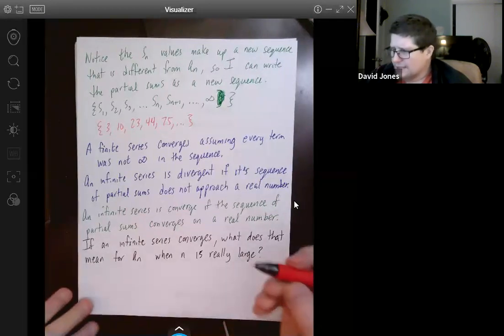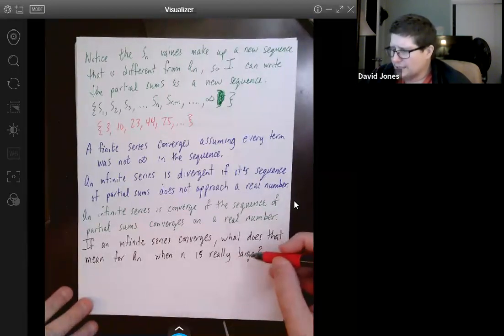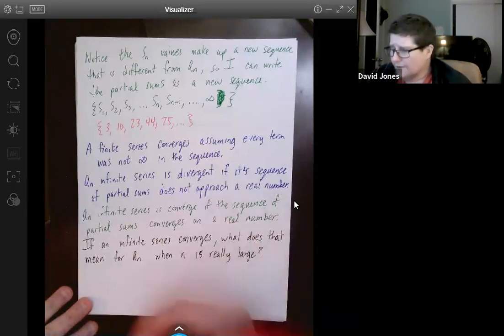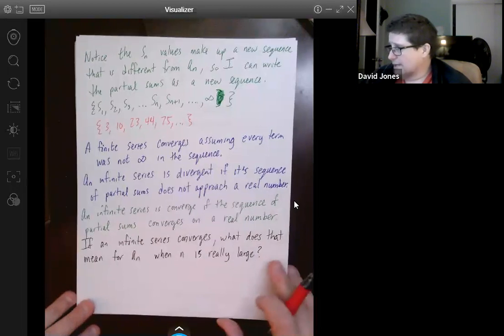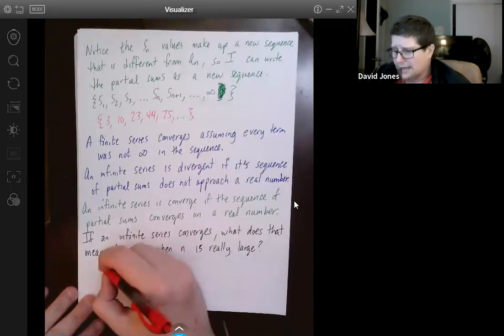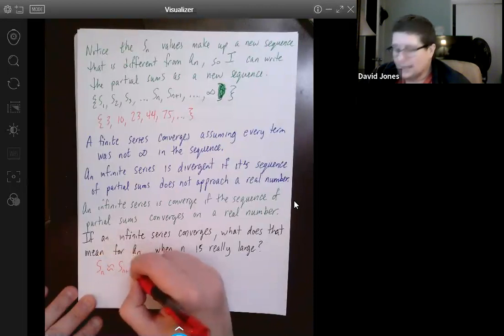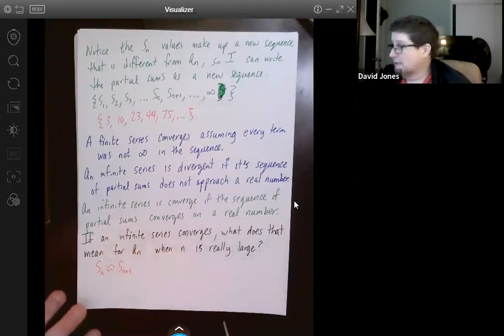What this is really saying is if it converges, then the terms in a row have got to be pretty close to each other, right? S sub n has got to be approximately equal to S sub n plus 1. They got to be really close.